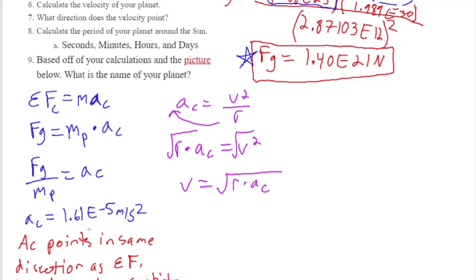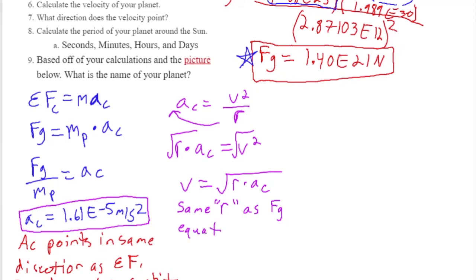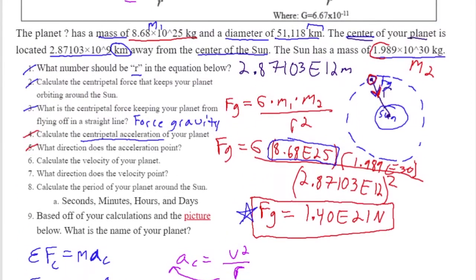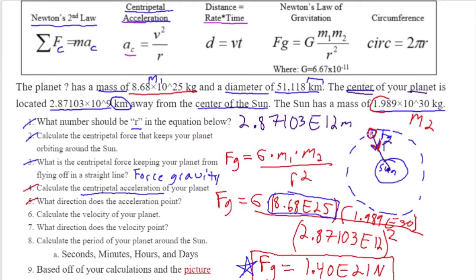So we mentioned before, we know what centripetal acceleration is. We just solve for it. That's right here. But we need to think about this r value. Well, this r value is going to be the same r value as the one in our force gravity equation. And the reason why it's the same r as the force gravity equation is because this r represents, again, the distance from the center of one object to the center of the other.